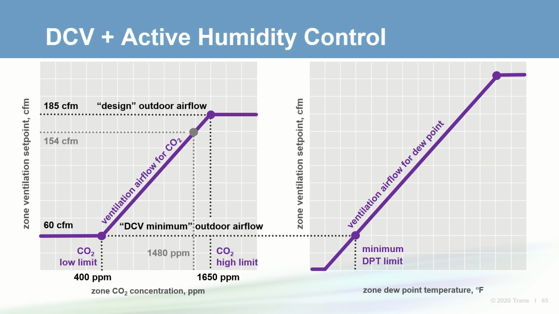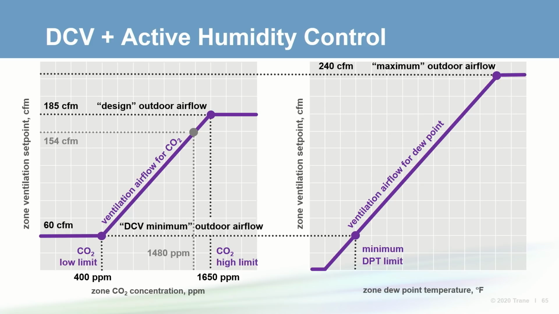For this example, if the dedicated outdoor air unit supplies air at 50-degree dew point, the system would need to deliver 240 CFM of dehumidified air to our conference room in order to prevent the dew point in that space from exceeding 60 degrees at design occupancy.